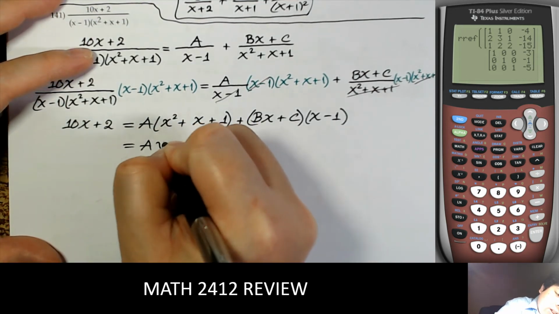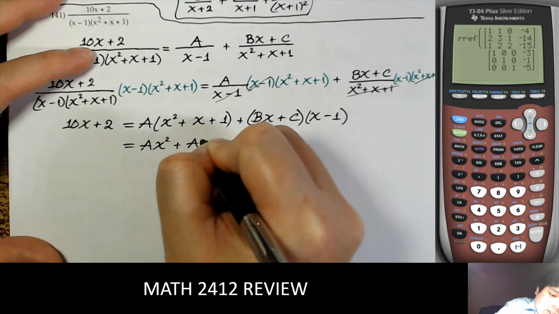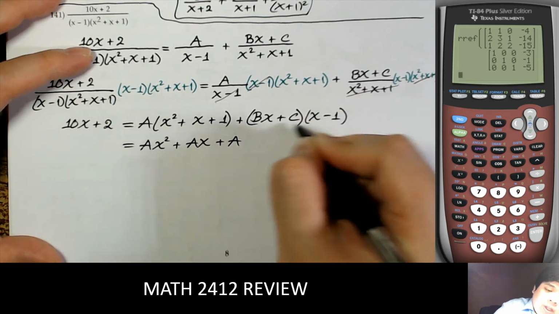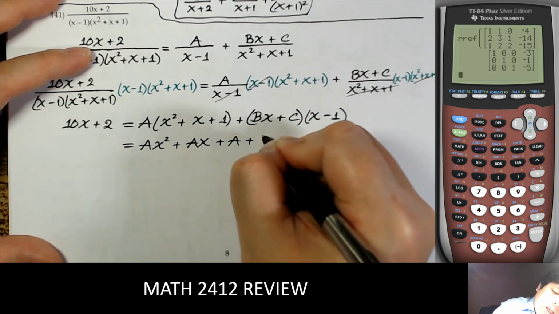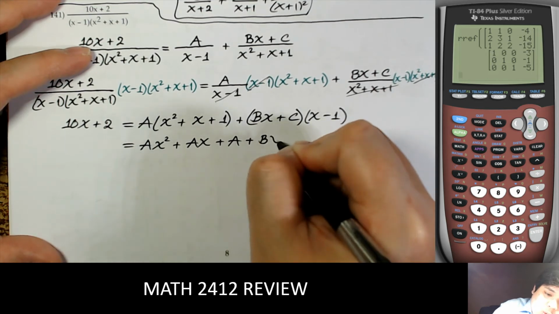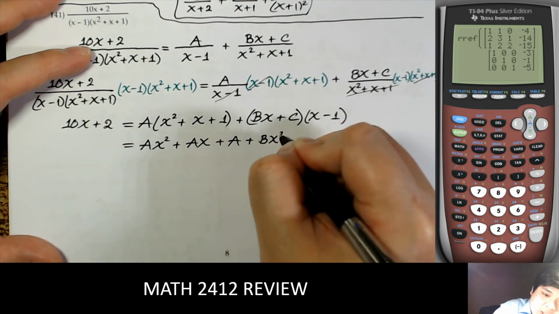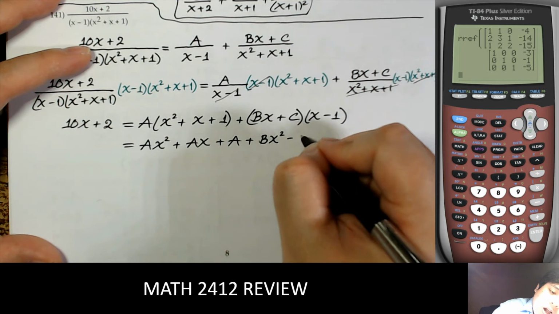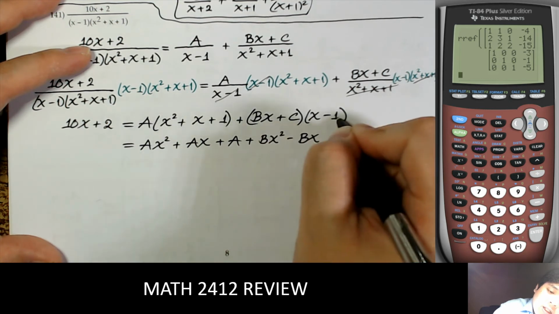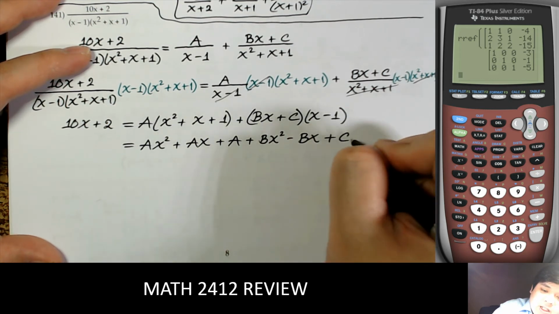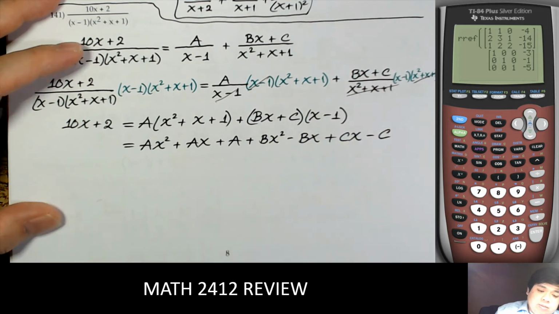Ax squared plus ax plus a, and this is bx squared minus bx plus cx minus c.